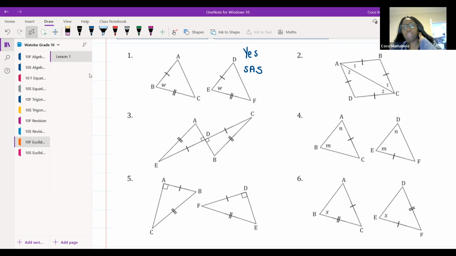Ma'am, I think it's angle, side, angle. Which angle? I see both angles and then I see a side. But because it doesn't say anything about the angles being equal to each other, does it?